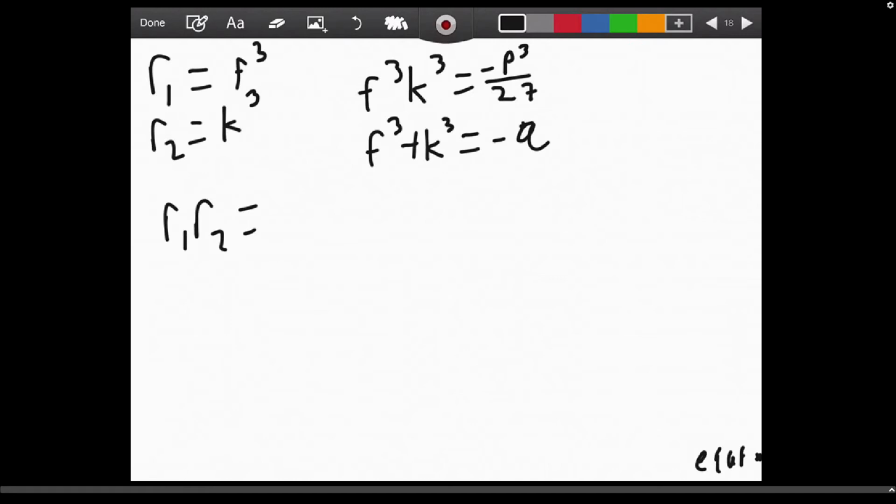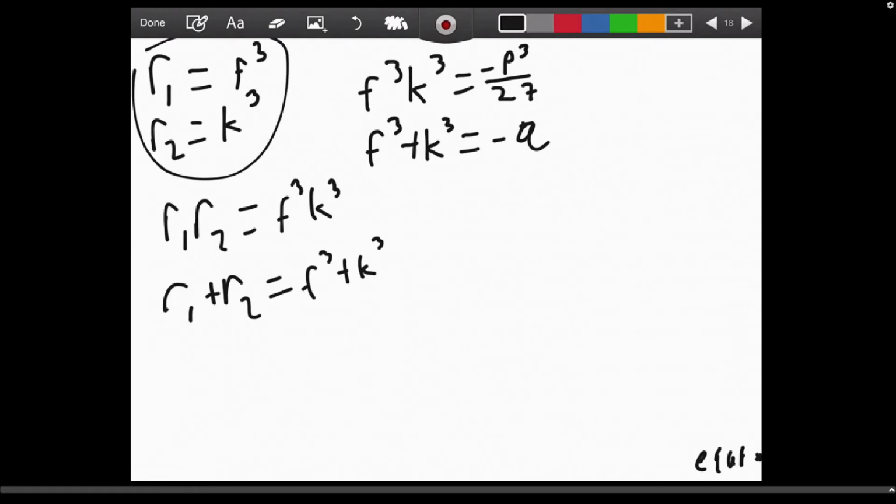Root 1 times root 2 is going to be f cubed times k cubed, and root 1 plus root 2 is going to be f cubed plus k cubed, right? Obviously, because these are the roots. So by Vieta's theorem, root 1 times root 2, which is just f cubed times k cubed, is going to equal a of 0, which is the constant, over a of n.